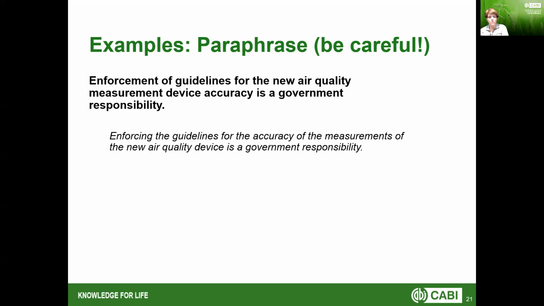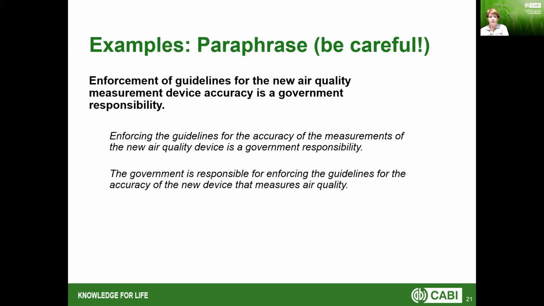So here's a revision of that original text. Enforcing the guidelines for the accuracy of the measurements of the new air quality device is a government responsibility. That does have the same meaning, but is a paraphrase of the original. Here's another paraphrase. The government is responsible for enforcing the guidelines for the accuracy of the new device that measures air quality.